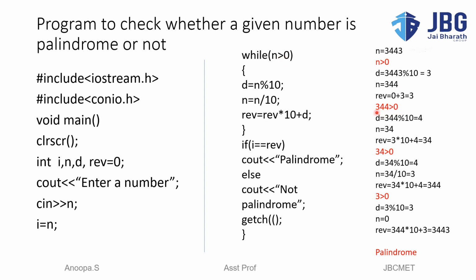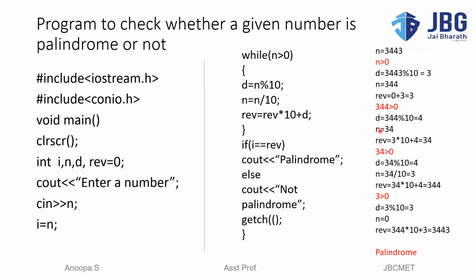So what will happen? d equal to n mod 10, that is 344 mod 10, I will get 4. Then n equal to n by 10. Now 344 is n, so n by 10 will become 34. And reverse is equal to reverse into 10 plus d. Now reverse is 3, so 3 into 10 plus 4, I will get 34.